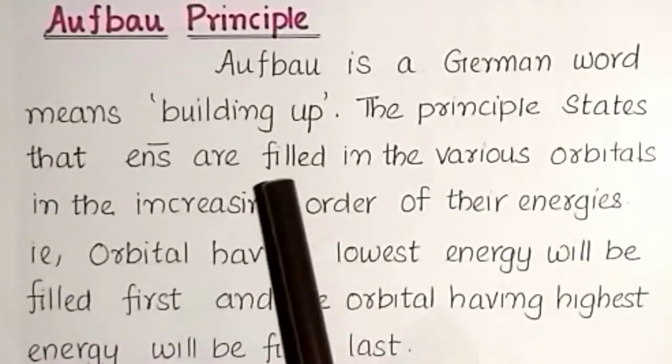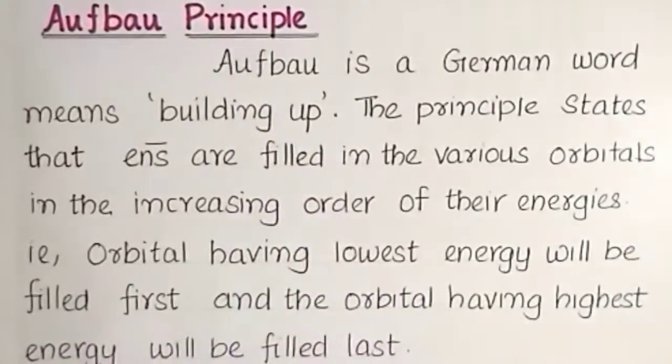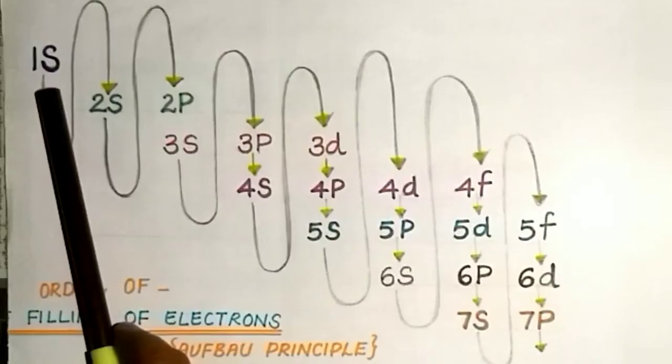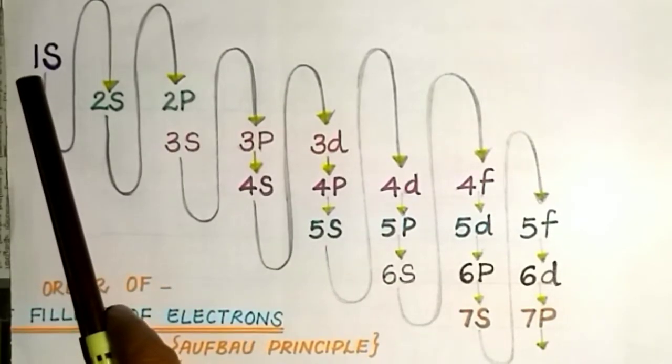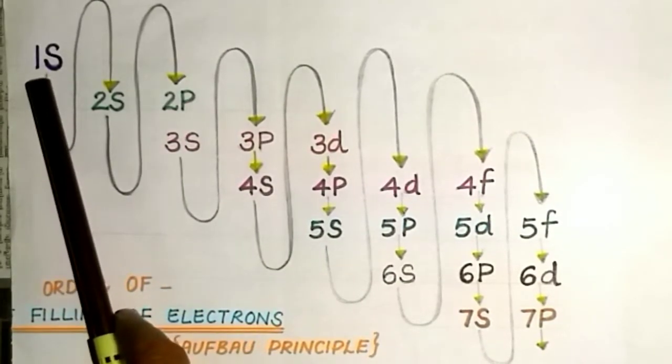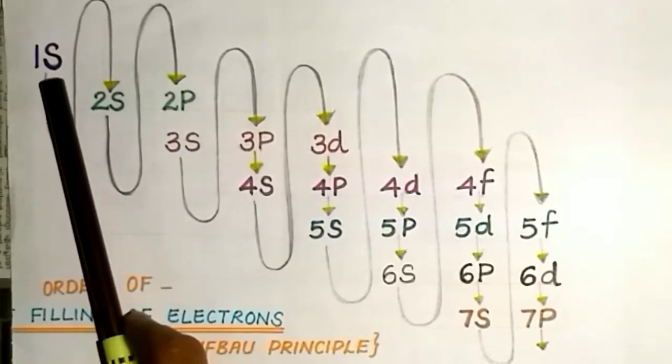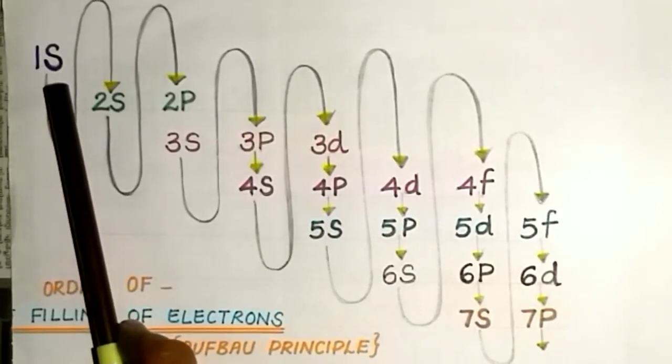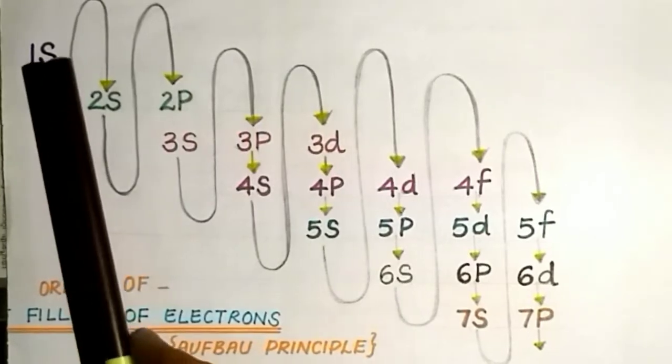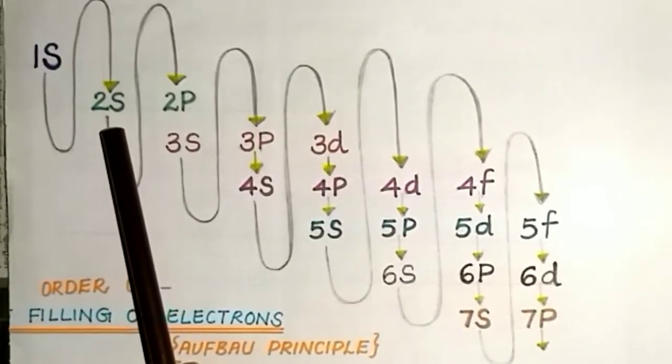On the basis of this Aufbau principle, we can fill the electrons like this. It is 1s. The principal quantum number or main shell n equal to 1 indicates the K shell. So 1s, s is a subshell. 1s is filled first because it has the lowest energy. Then 2s.